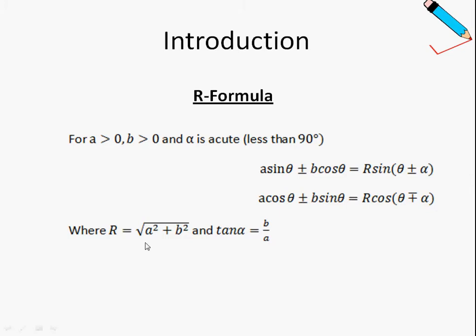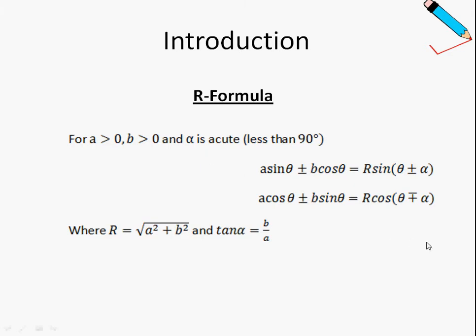Where R is the square root of a square plus b square, a and b are just values over here, and the tangent of alpha is b over a. Take note that this can only occur when a is greater than 0, b is greater than 0, and that alpha is acute.